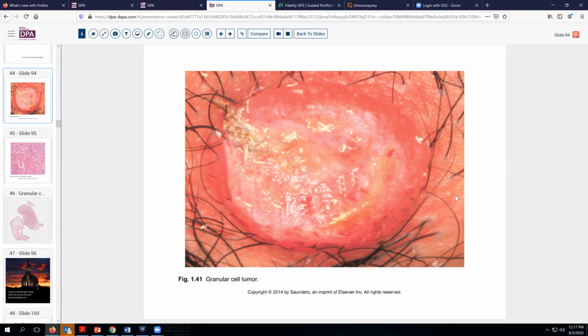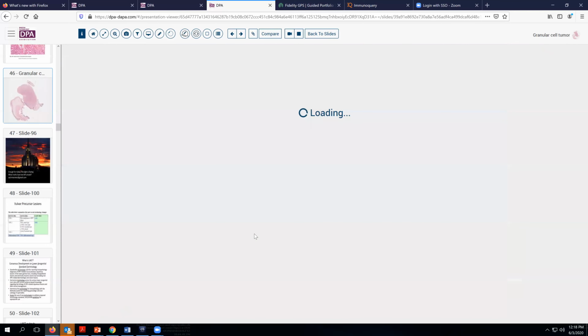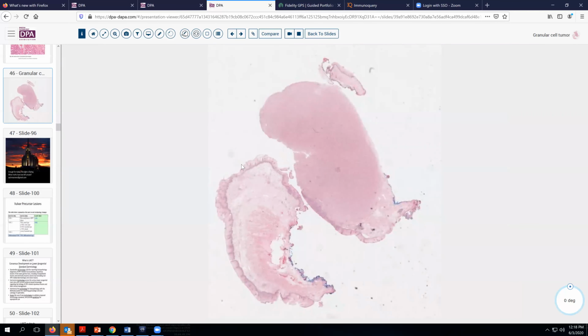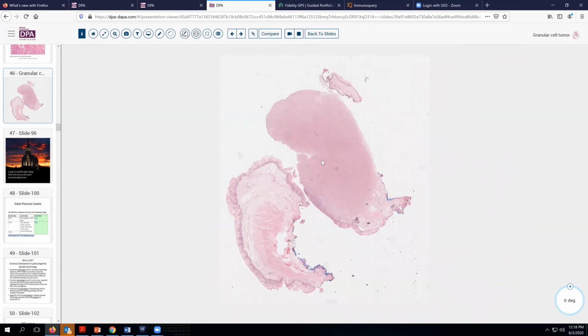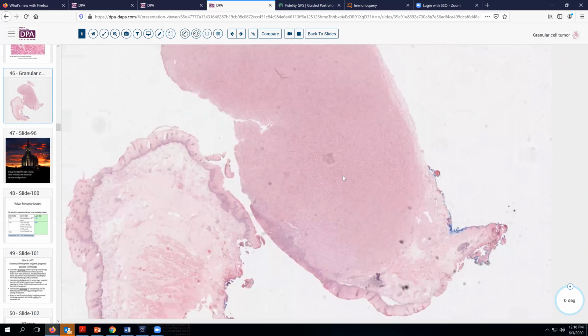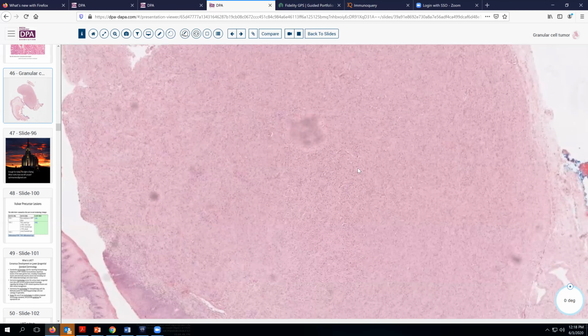This is another type of tumor occasionally encountered in the vulva, not the most frequent site. Here's a higher magnification of how this looks under the microscope. You can see we have an intact squamous mucosa, and in the subjacent tissue, you develop this very pink neoplasm.